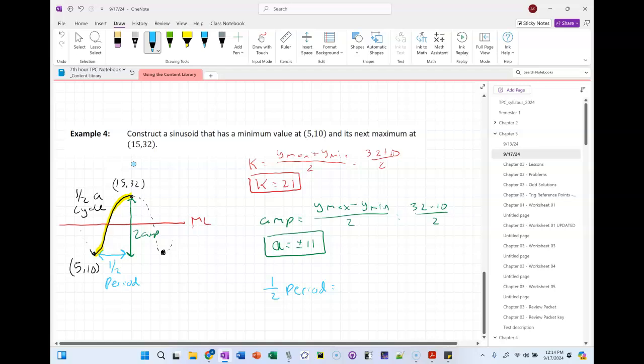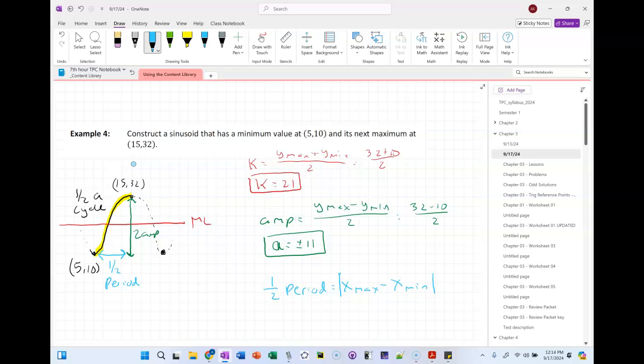is equal to the x max, and its distance, so I'll be subtracting, x min, but I'm going to stick an absolute value around that because I don't know in the future what if they gave me the maximum first and the minimum second.